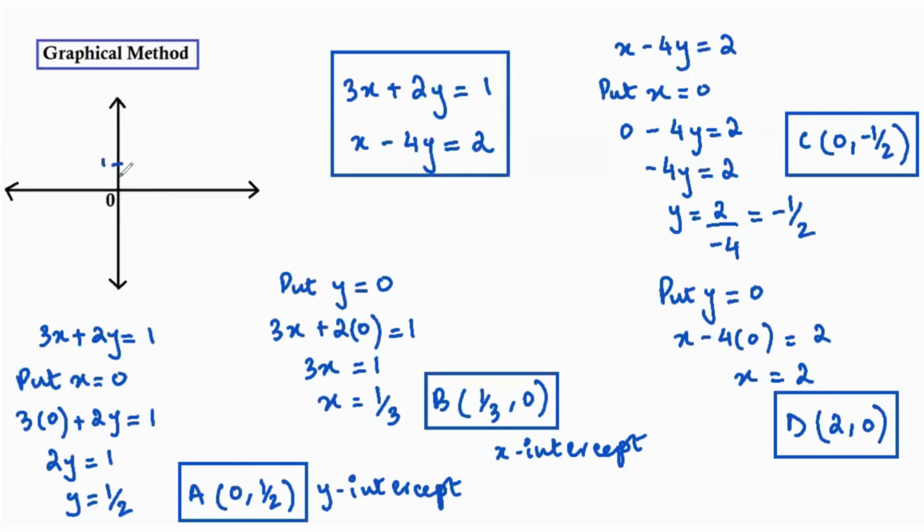So if this is 1, this is going to be 1 over 2, and this is 1. So this is our first coordinate, A. Then we're going to do 1 over 3, 0. So 1 over 3, 0 is going to be somewhere over here.